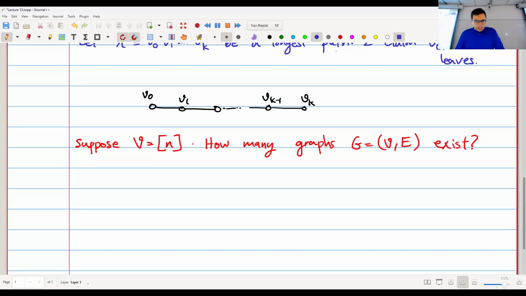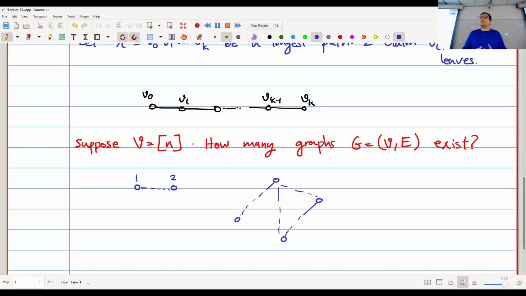Look, if I have only two vertices, let's say 1 and 2, then I can look at this pair, and either I put an edge there or I don't put an edge there. So I will have only two possibilities. But in general, if I have n vertices, I can look at every pair. I can look at this pair, I can look at this one, all of them.